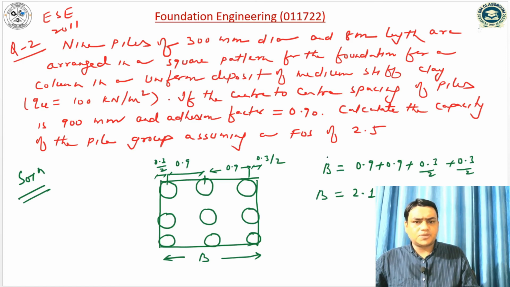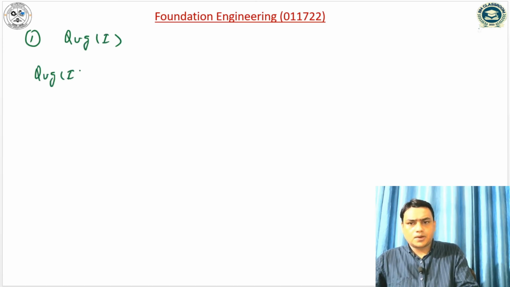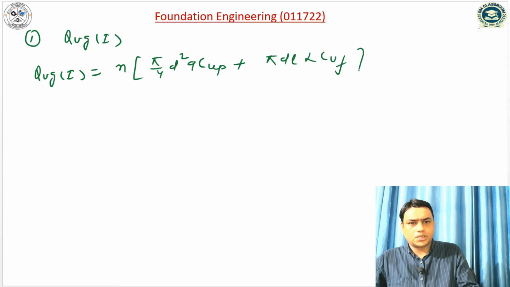Calculate the capacity of the pile group assuming a factor of safety of 2.5. So firstly we have to find the Q_UG individual pile action. So Q_UG individual is 9 into pi by 4 d square into 9 C_UP plus pi d L into alpha into C_UF.